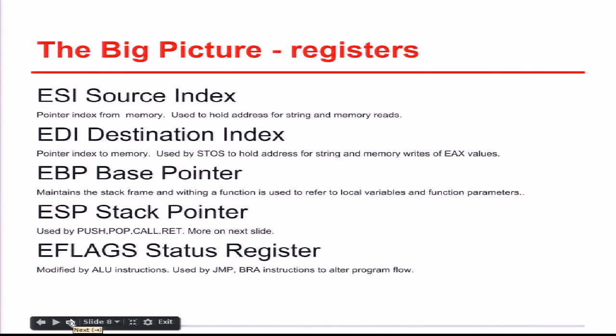Continuing, these are some more of the registers. Here, I think the most important things are the base pointer and the stack pointer. These two registers are used primarily to handle how you go from one function to the next, and it's using a stack frame. Maybe you've heard of that, crashing the stack. Well, we're going to show that.